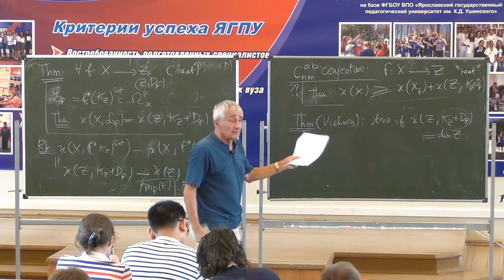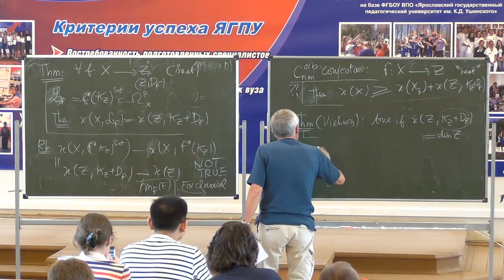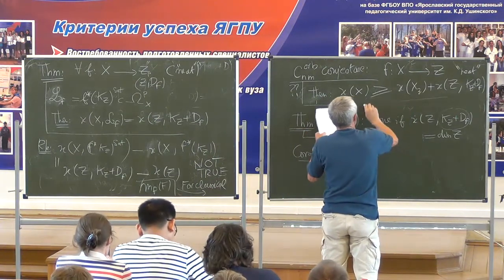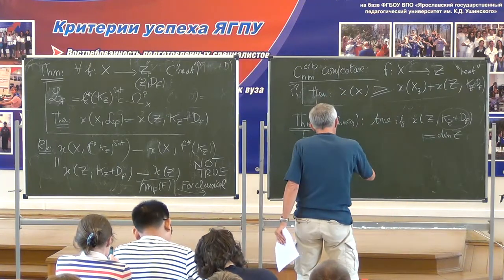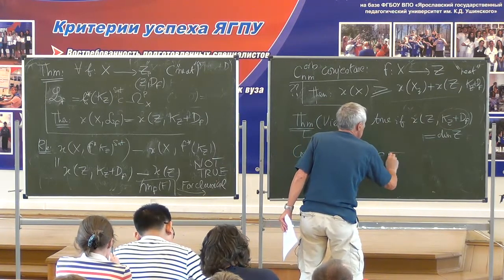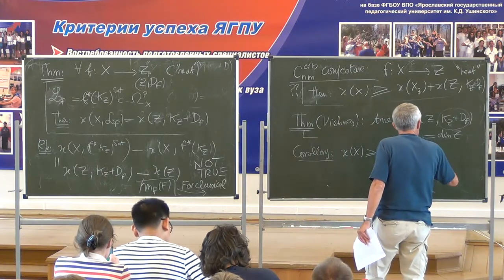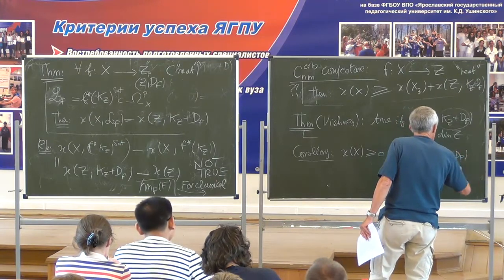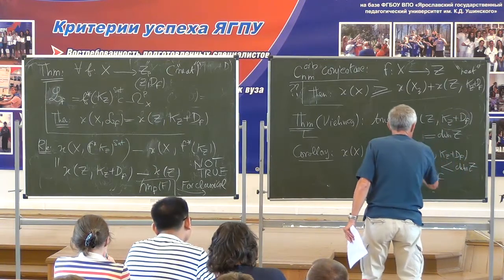Let me give just an important application example. Of course you have more general versions, but I don't go into this. Corollary: if kappa of x is greater than or equal to 0, then kappa of z and kz plus df is certainly strictly less than the dimension of z for any f.